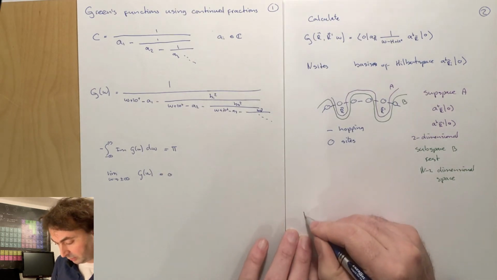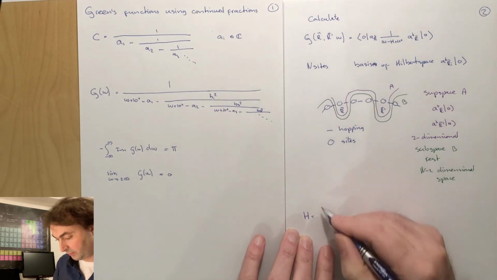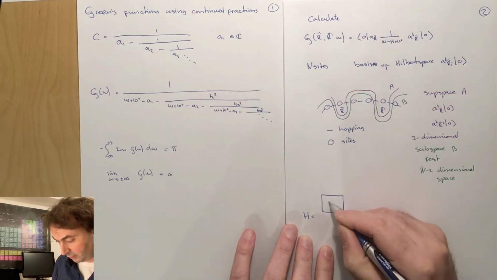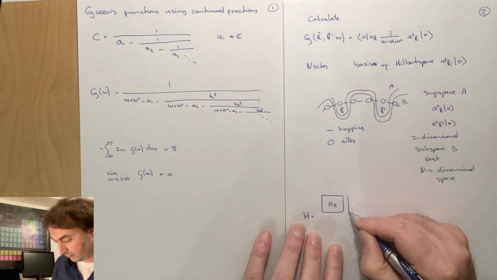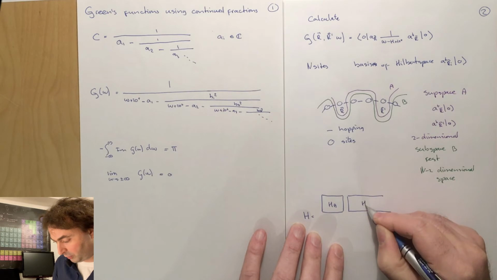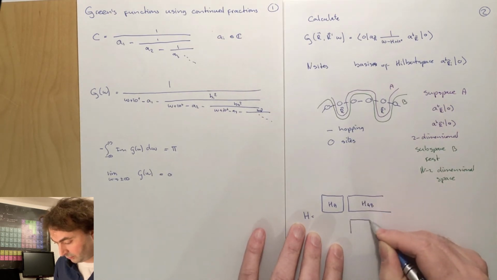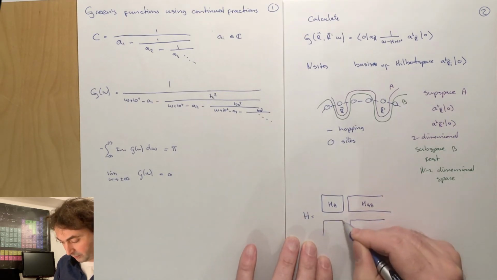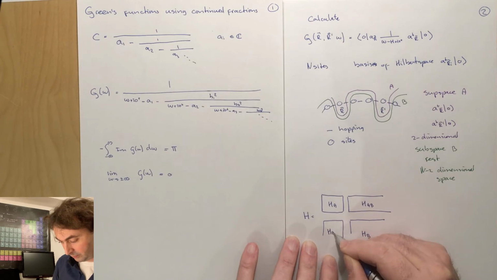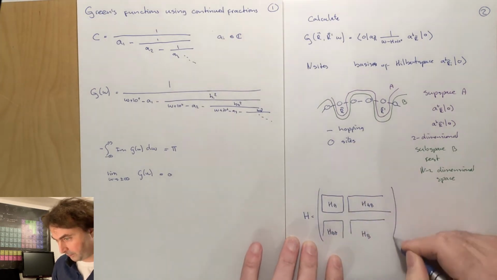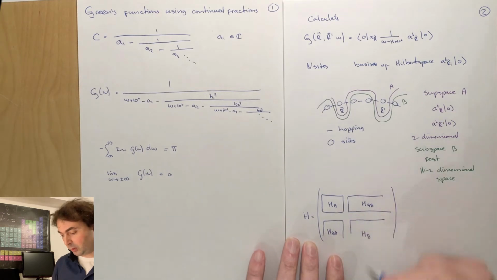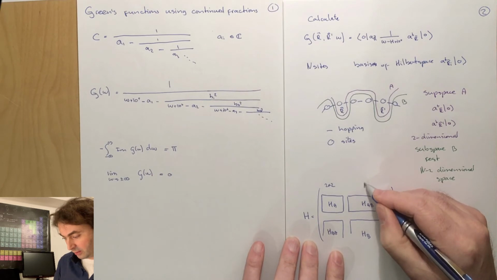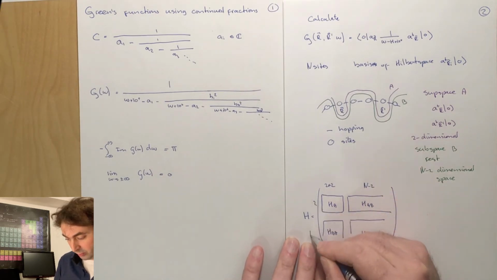If we write down our Hamiltonian as a matrix, then it is a matrix for A, the coupling between A and B, a matrix for Hilbert space B, and the coupling between B and A. We have a block Hamiltonian where this is in dimension 2 and this is in dimension n-2, a dimension 2, a dimension n-2.